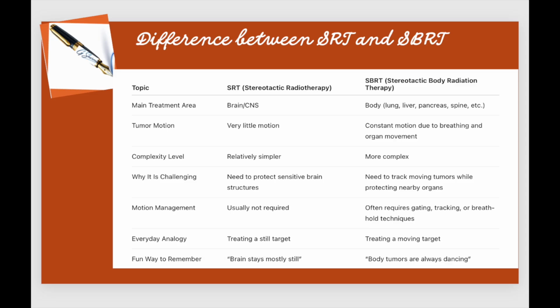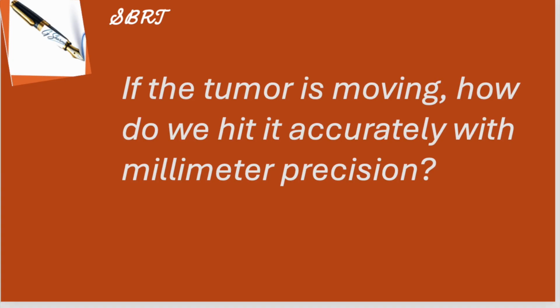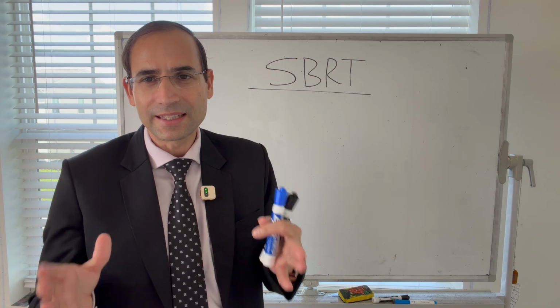Okay, so here is something to think about: if the tumor is moving, how do you hit it accurately with millimeter-level precision? You are giving radiation to the lung, to the pancreas or the liver, and things are moving here. Keep this question in your mind.